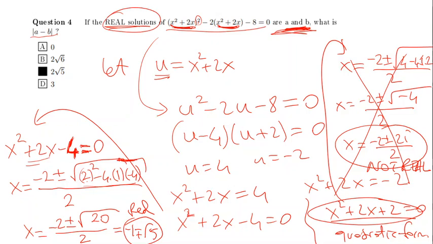So a turns out to be minus 1 minus square root 5. B turns out to be, sorry, not plus 1, it's minus 1 plus square root 5. Then we subtract them.